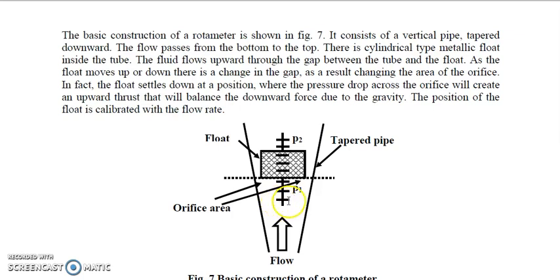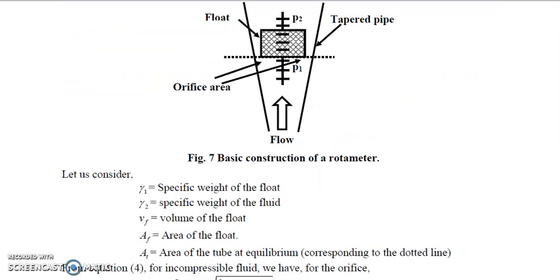Actually, this is a scale having a reading in calibrated terms of flow. So by reading the values of these horizontal lines, the readings are the output of this flow meter, that is the rotameter. Okay, so mathematically we have to see how.